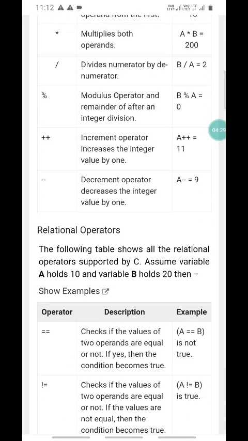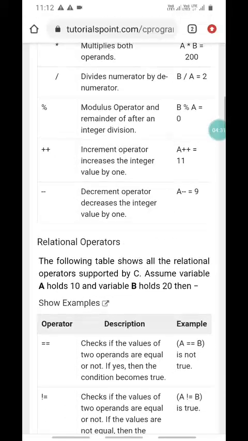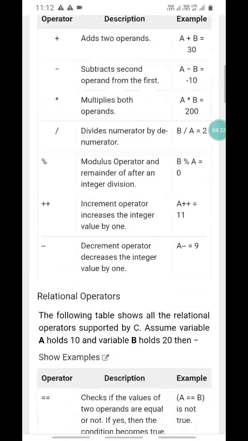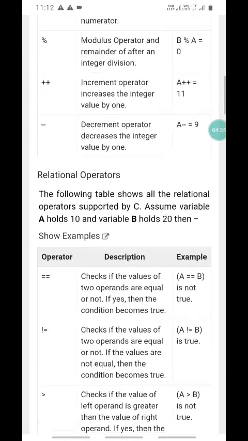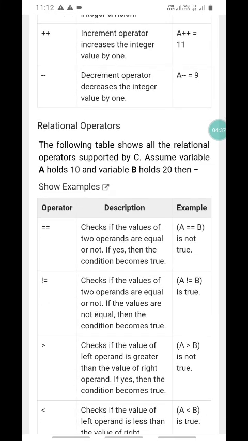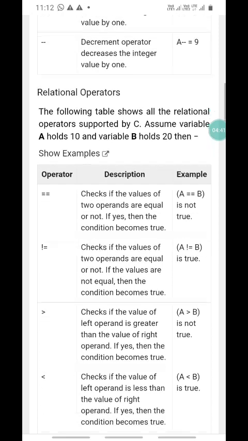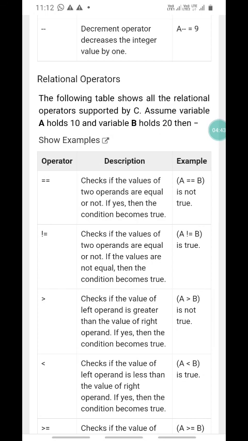Then next is the relational operator. The examples of the above operators included in the document, I will tell you in the next lecture. Okay, the relational operators. The following table shows the relational operators supported by C. Assume variable A holds 10 and variable B holds 20.